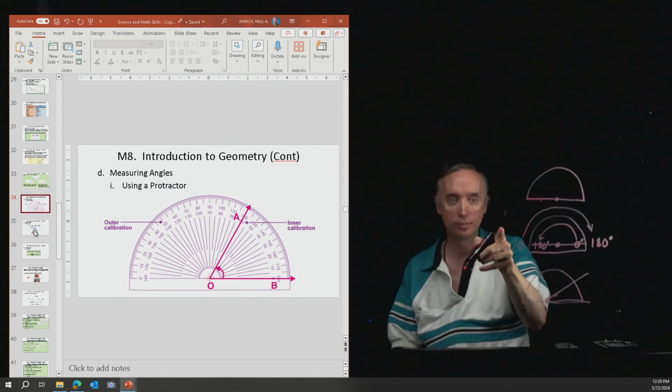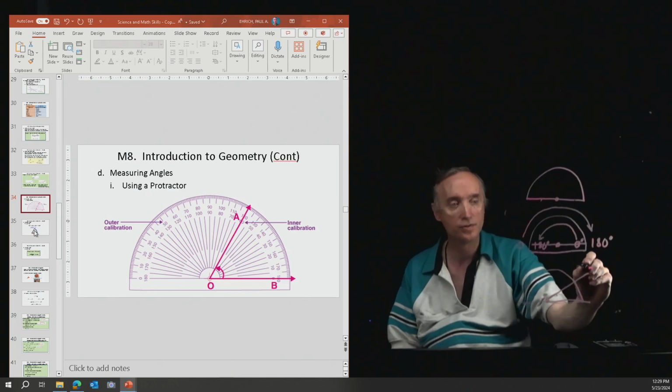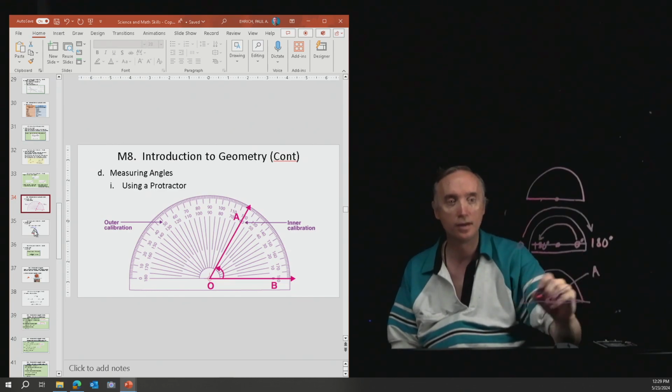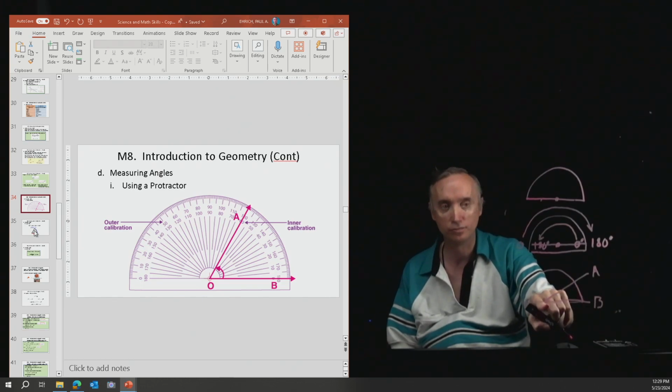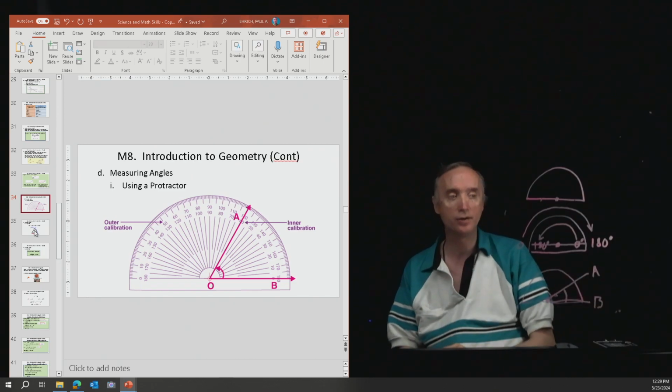So in the problem there, this angle is A, and then B is over here, and O is the origin. We're trying to figure out what this angle in here is.